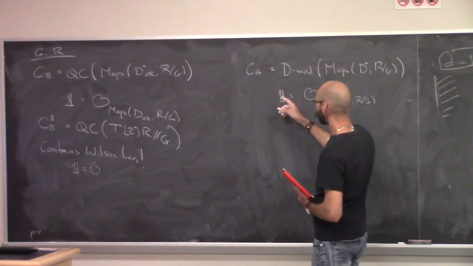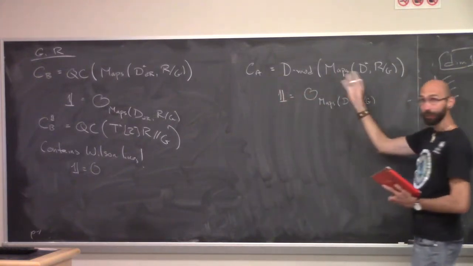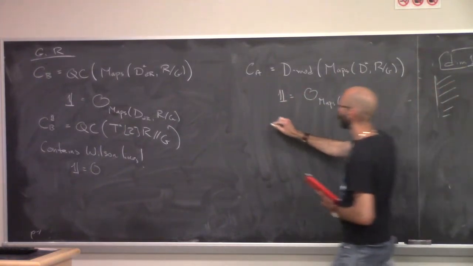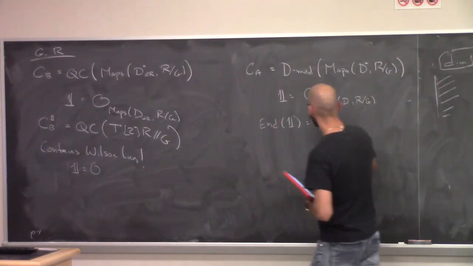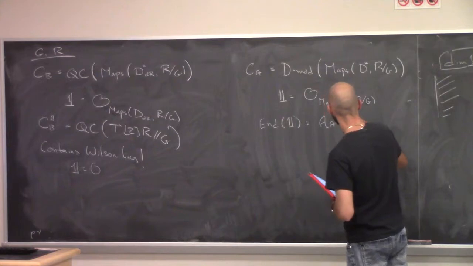Well, first, one can compute in this category. Endomorphisms of one reproduce the A algebra in the BFN construction.